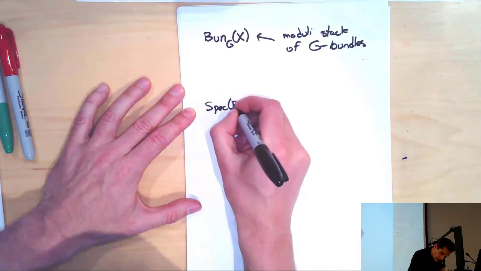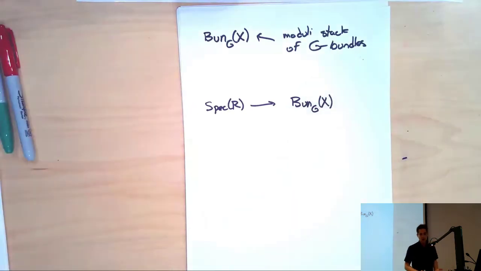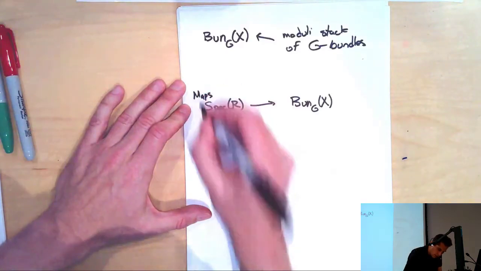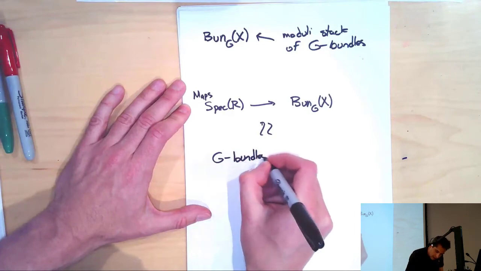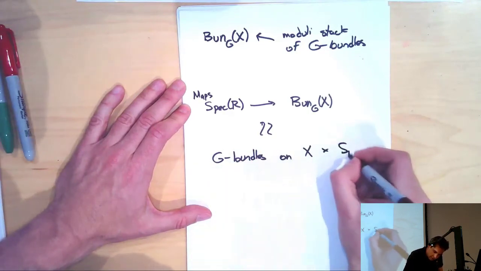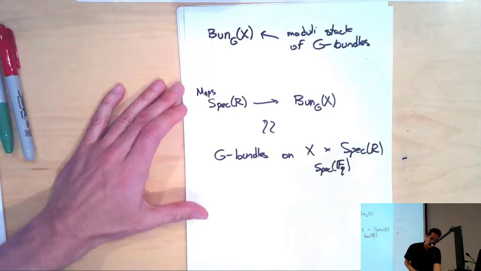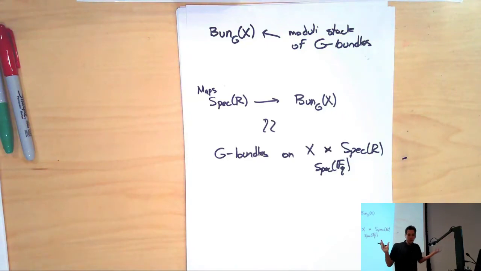Well, it lives in the world of algebraic geometry, and it's defined by the following property: to give an R-valued point of Bun_G(X), so maps from Spec R into Bun_G(X), is the same data as giving principal G bundles on X cross Spec R. And here, I'm imagining that all my algebraic geometry is happening over the finite field F_q. So in other words, we can talk not just about a principal G bundle on X, but a family of principal G bundles on X parameterized by some other scheme or algebraic variety or something like that.